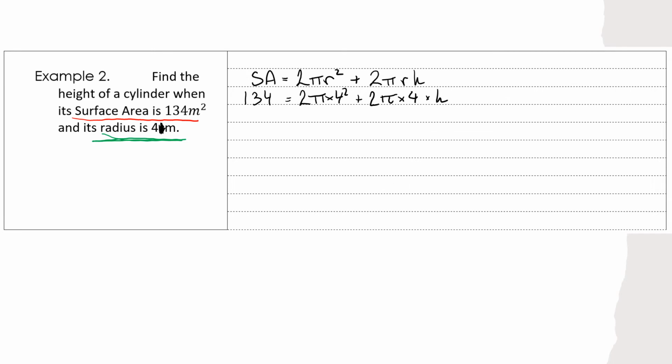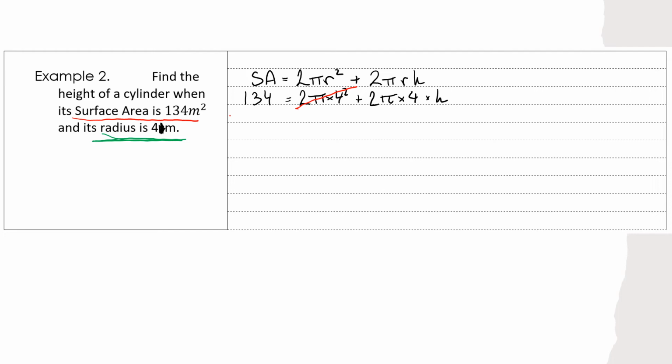All right, so we're going to try to solve this without rounding until the very, very end. So we're going to just leave pi as pi till the very last step. So first thing we're going to do is we're going to get this part of the term by itself. To do that, we're going to minus all of this, because that's just being plussed onto the 2 pi times 4 times h.